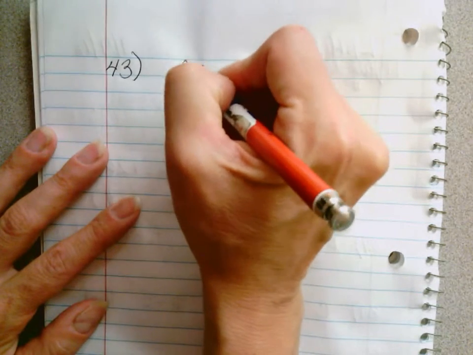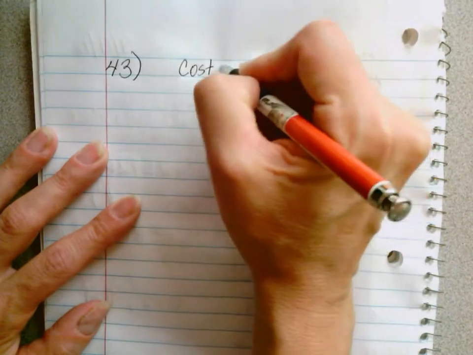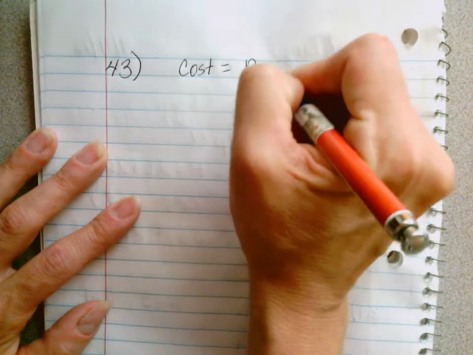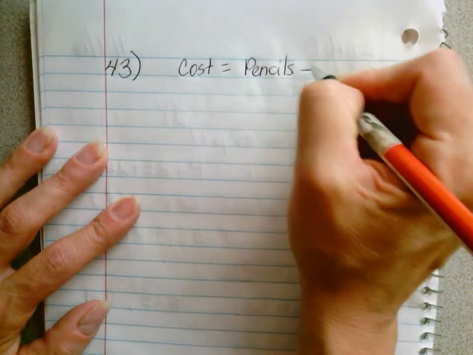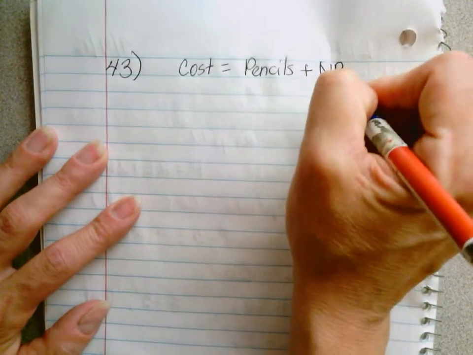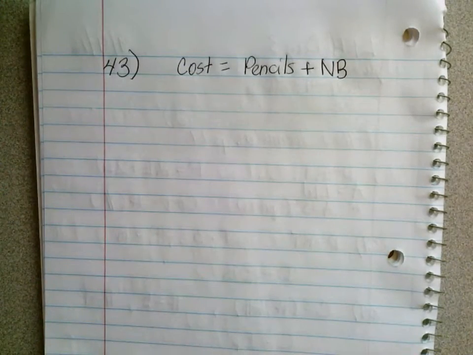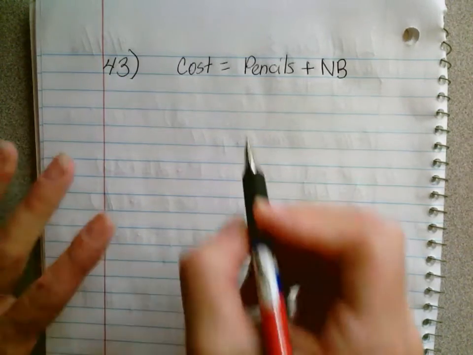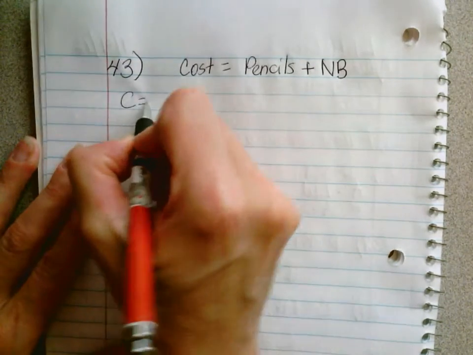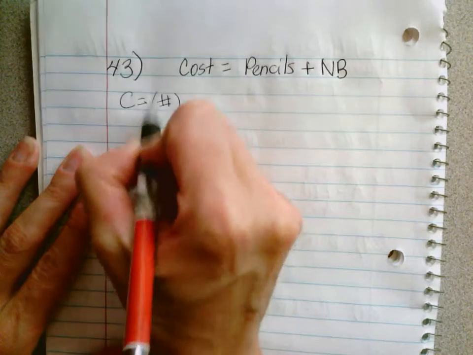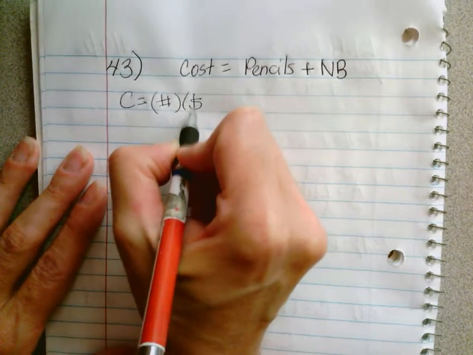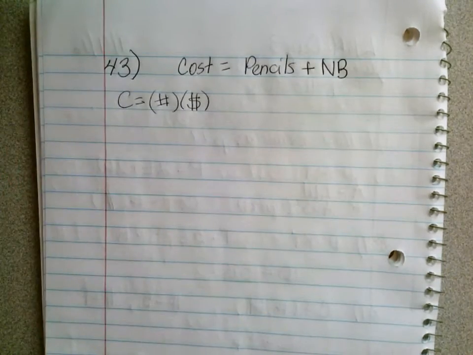How much will 3 pencils and 2 notebooks cost? So it looks like we're looking for the cost of pencils plus notebooks. Agree or disagree? Okay, the cost formula is going to be the count multiplied by the price, right?